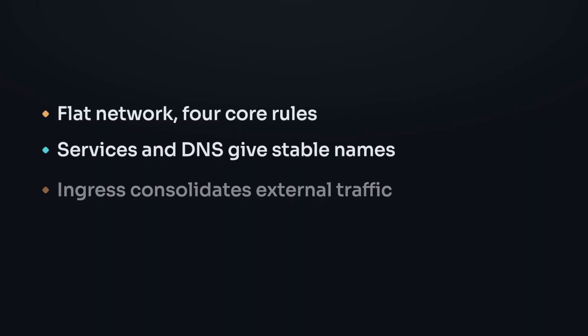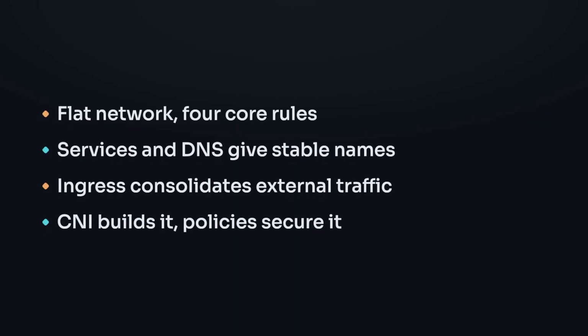Let us lock in what you now understand. First, Kubernetes networking is a contract of 4 rules, built on a flat network where every pod gets its own IP and no NAT sits between pods. Second, services and cluster DNS turn ephemeral pod IPs into stable names, load balanced by kube-proxy across live endpoints.